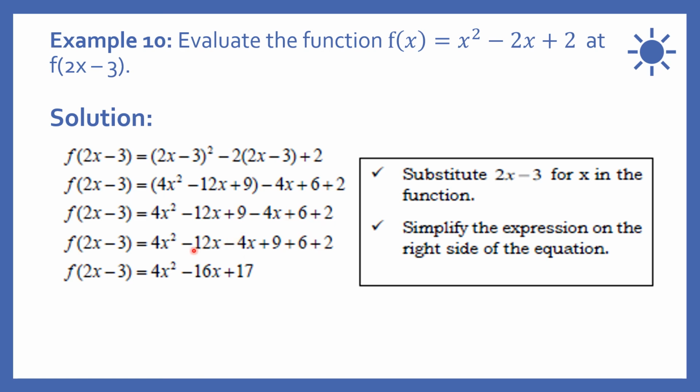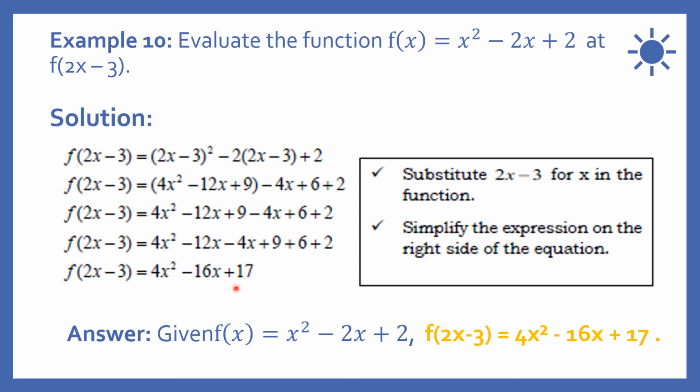So, kapag sinimplify nyo to, dahil like signs yan, di ba? Same signs, add and keep. So, 12 plus 4, 16x. Keep the common sign, minus or negative. Plus, 9 plus 6 plus 2 is 17. Kaya, 4x squared minus 16x plus 17.